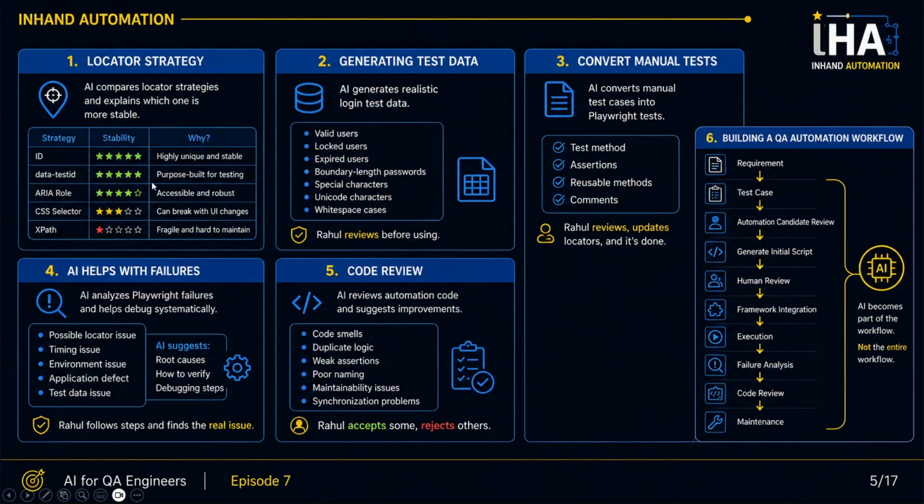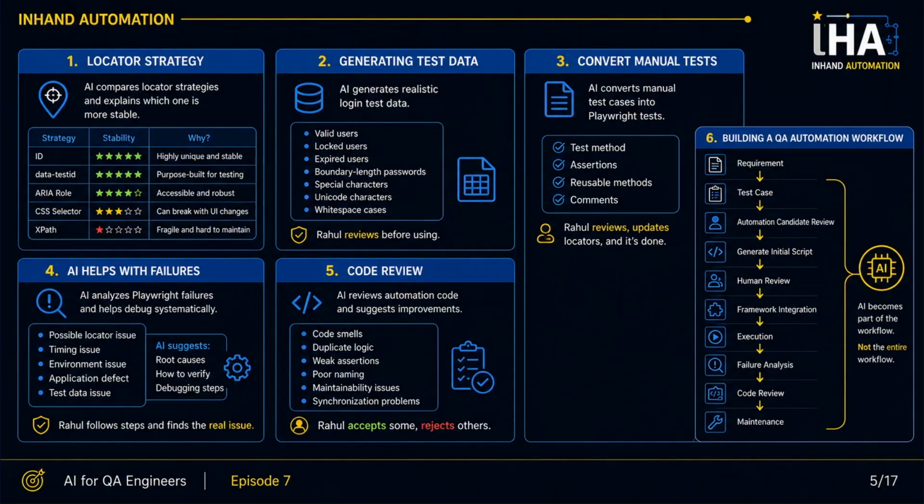Data test ID is built for testing only, so you can use this locator. You can use CSS, but CSS may break if we make changes in the UI. XPath you can also use, but it is fragile and very hard to maintain. So it explains why one locator strategy is more stable than another, and this is much more valuable than simply copying the code.